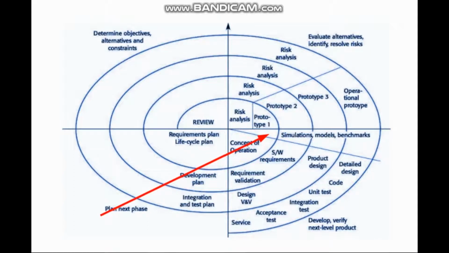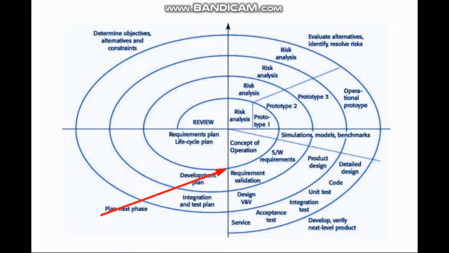We do all these things in the first phase, and we also develop some part of code, and then we hand over this prototype to the customer. The customer will start using this prototype.